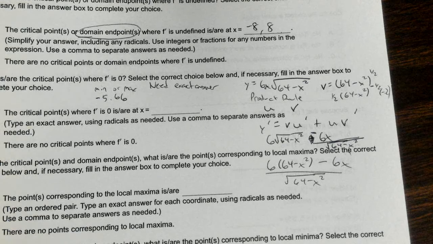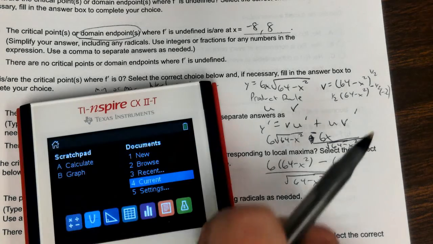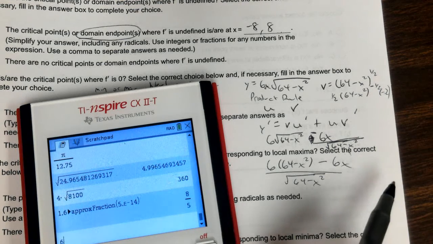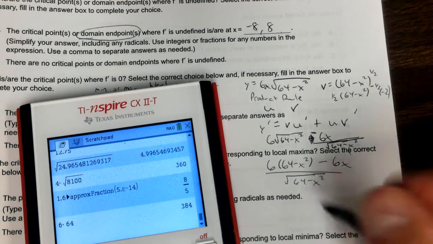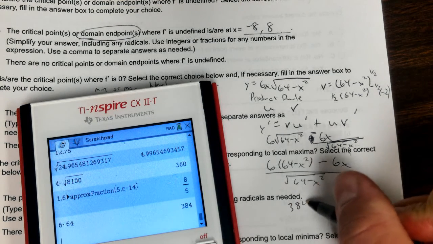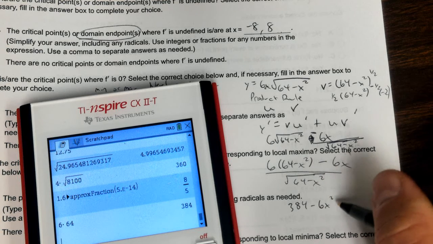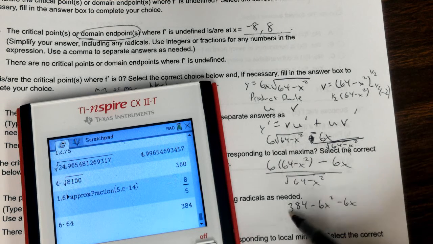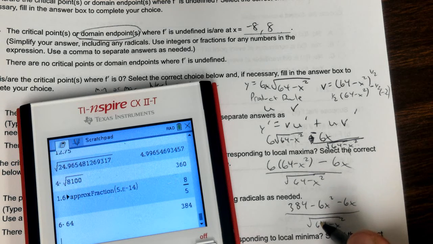So then we just need to distribute. 6 times 64 is 384. So you have 384 minus 6x squared minus 6x all over square root of 64 minus x squared.